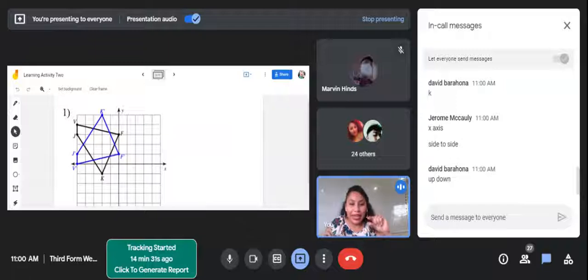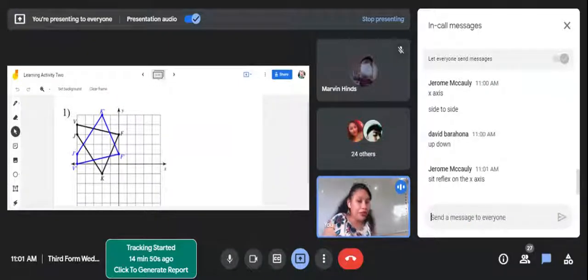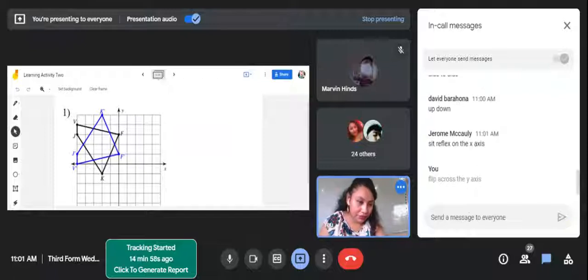If you look at where K is and where K1 is, one is at the top and one is at the bottom. If you look at F and F1, what is at the top and what is at the bottom? So now this is a horizontal flip. When it means a horizontal flip, it means that there is a flip across the y-axis, somewhere on the y-axis.